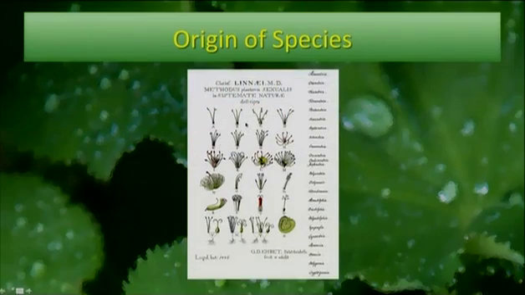Remember his sexual system that we talked about before? You have numerous stamens, few stamens, fewer stamens. He used the number of stamens and how they were arranged in relation to the pistil and the petals as well, even though the sexual system was later discredited because it was not a natural system.